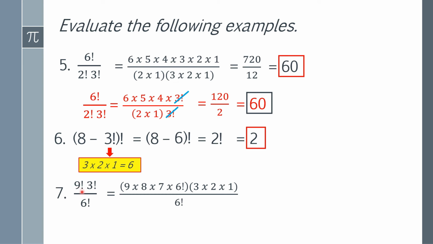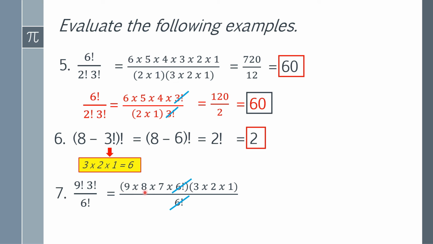If you can observe, we stopped at 6 factorial because we also have 6 factorial in the denominator. So we will not take any longer to answer this one. We will just simply cancel the common terms in the denominator and numerator. So we cancel this one.